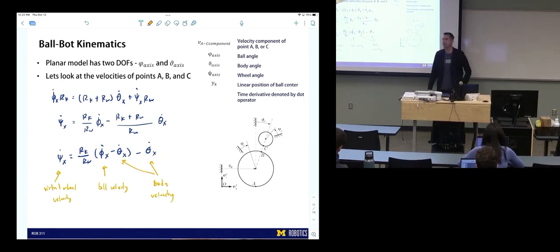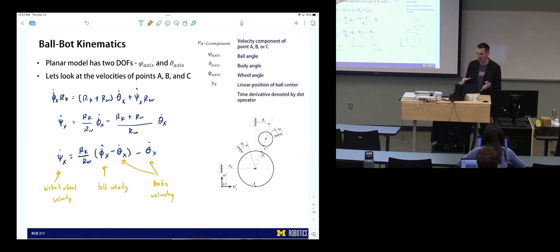Okay. Of these in your system, what do you know, and what do you not know in this expression? Do you know the wheel angular velocity? Can you calculate it? Yes, so that you can measure. We're going to talk about encoders, we can measure that from the motor. So that we know.